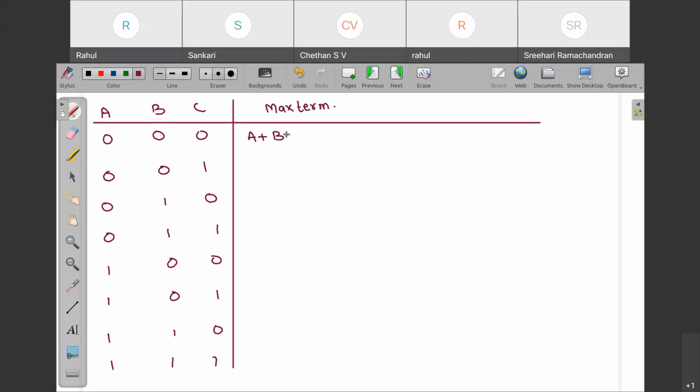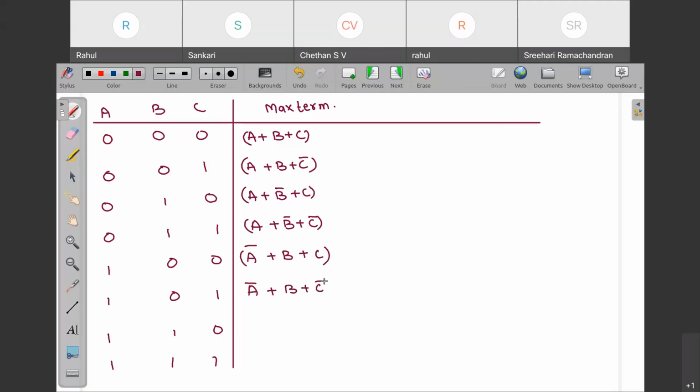So this will be A plus B plus C. This will be A plus B plus C complement. This will be A plus B complement plus C. This will be A plus B complement plus C complement. This will be A complement plus B plus C. This will be A complement plus B plus C complement. This will be A complement plus B complement plus C, and the last term will be A plus B plus C, all complemented.